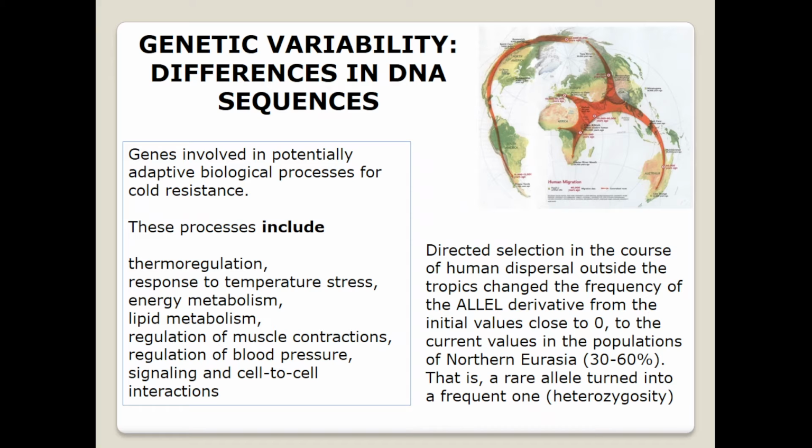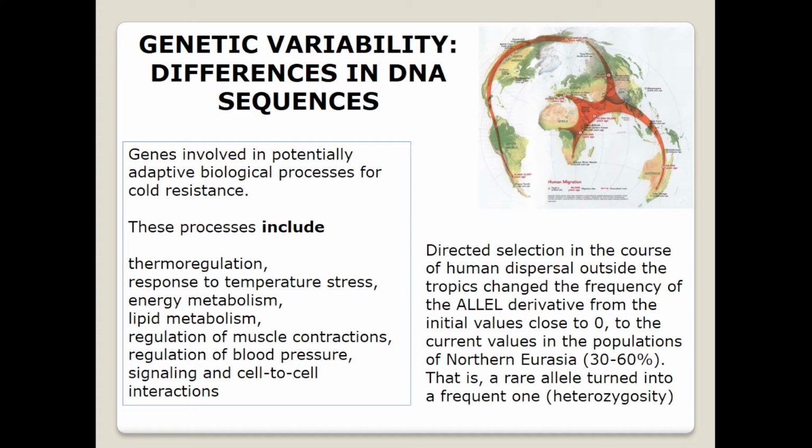Genes which are involved in the adaptive process are genes needed for adaptation for cold resistance. These genes include thermoregulation, response to temperature stress, energy metabolism, lipid metabolism, regulation of muscle contraction, regulation of blood pressure, signaling and cell-to-cell interactions.